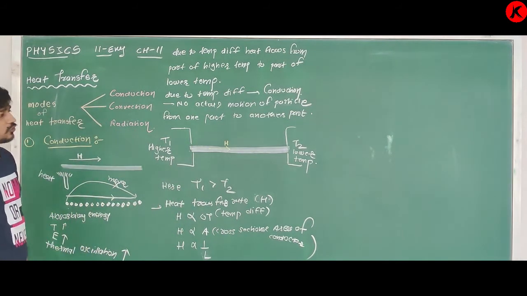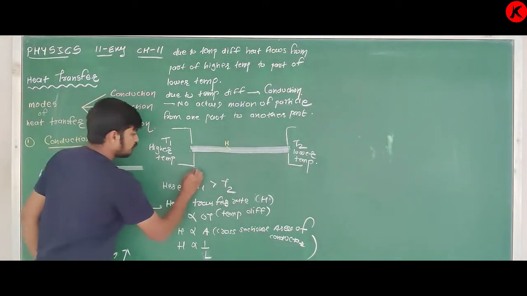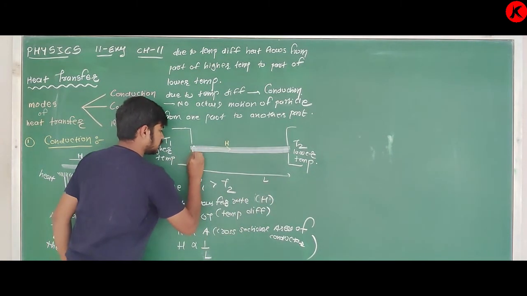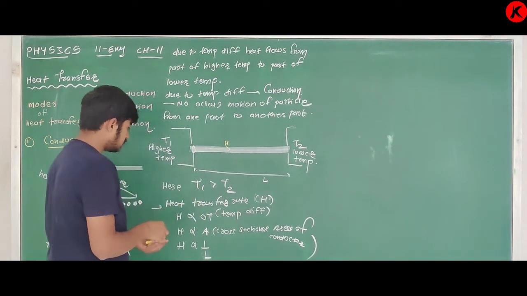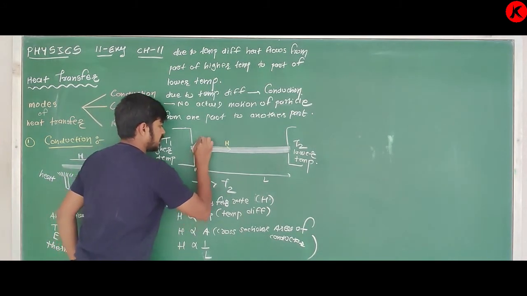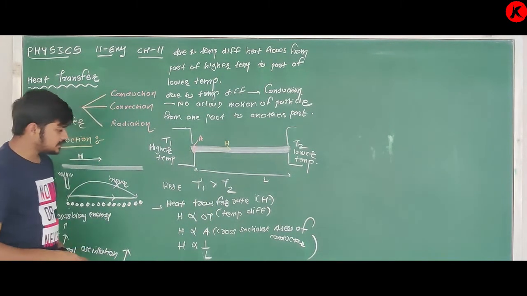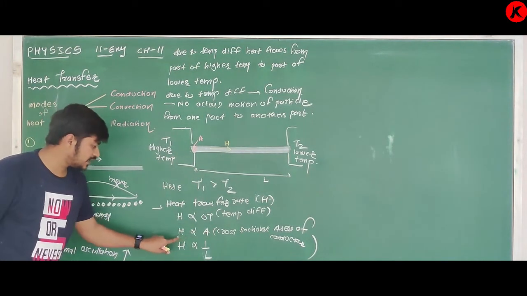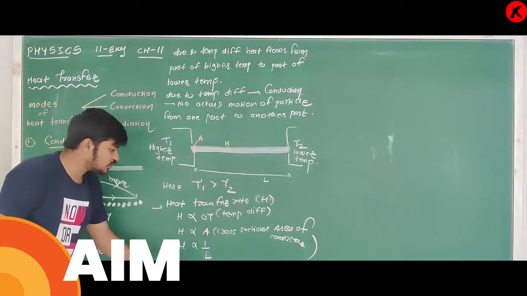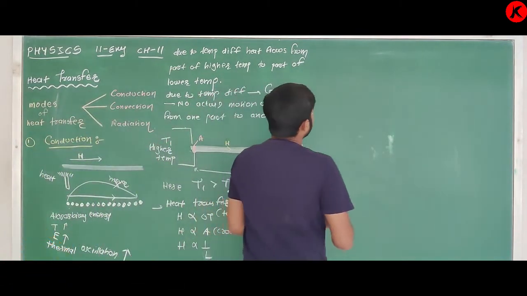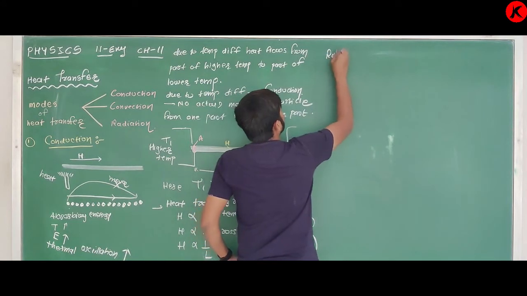So if the length is L and the cross-sectional area is A, then the heat transfer rate H is directly proportional to delta T, proportional to A, and proportional to 1 upon L. If you combine all these conditions, then you can write the rate of heat transfer.